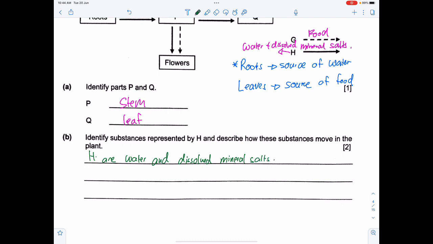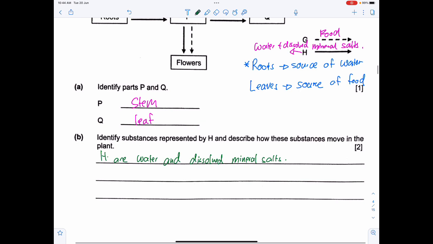If you just put water, no marks. This is half a mark. Half mark for mentioning that. Then where is the other half mark? The other half mark goes to is transported.